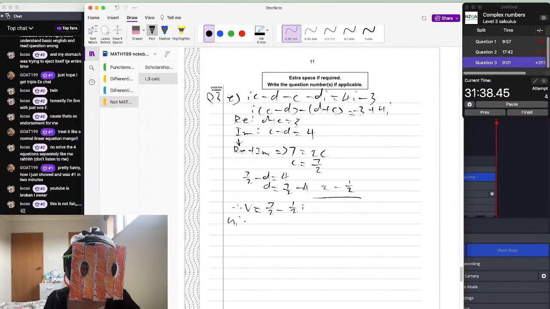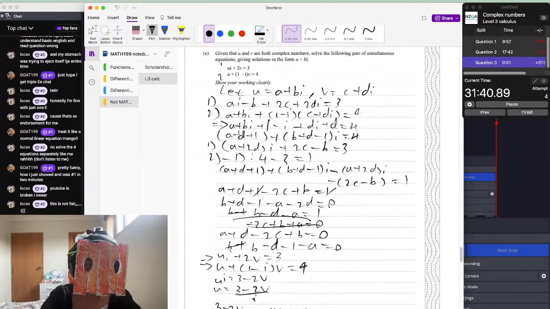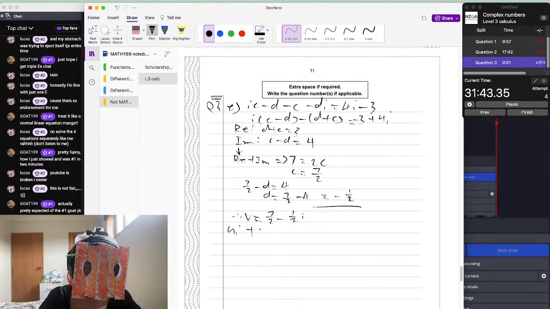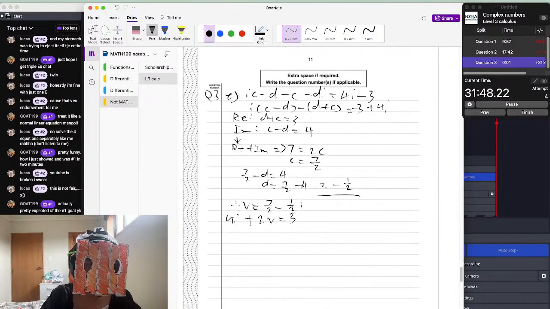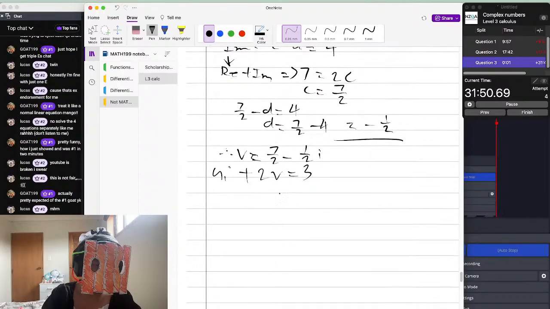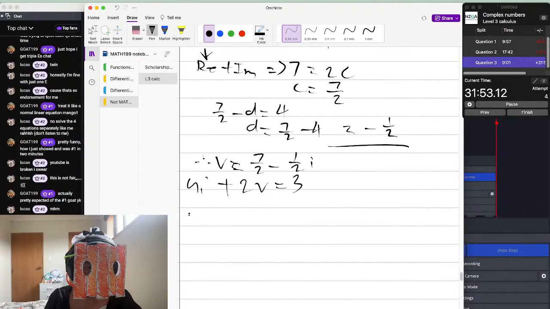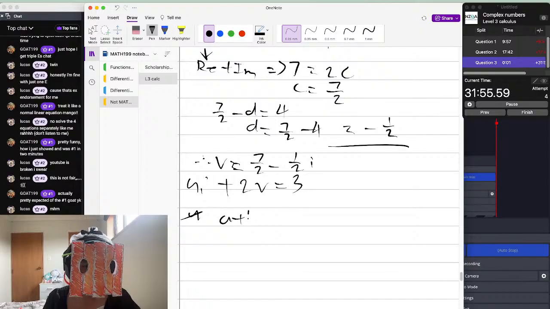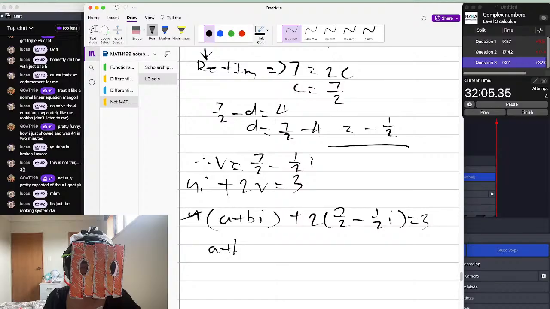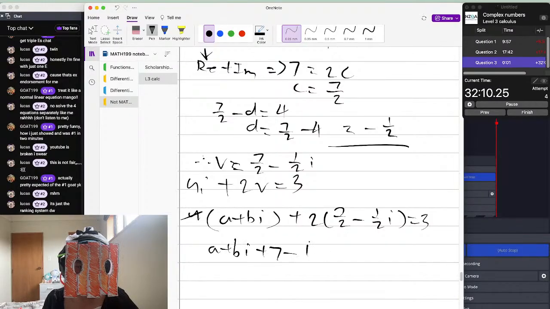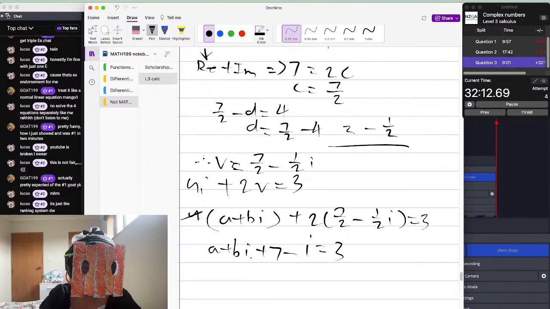Alright. To solve ui plus 2v equals 3, a plus bi plus 7 minus i equals 3.